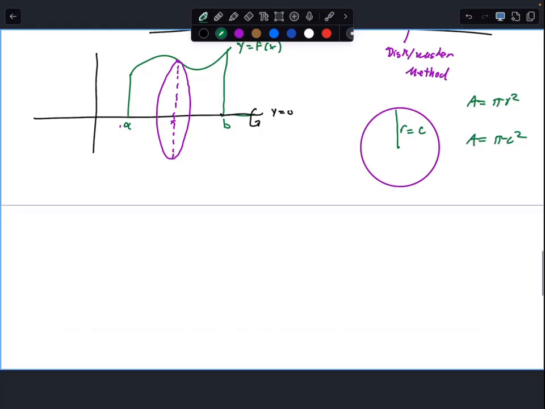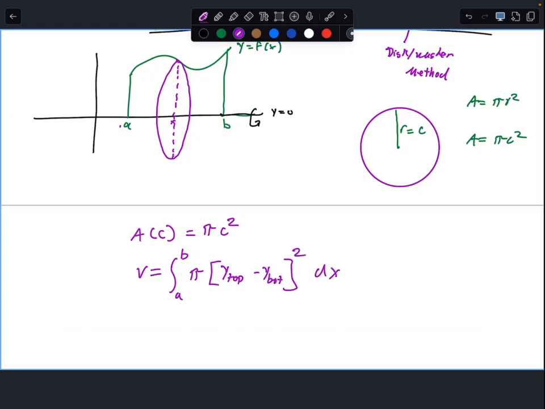Combining both of those together, we get that the area of a cross section is pi c squared. So the volume is equal to the integral from A to B of pi times y top minus y bottom squared dx.